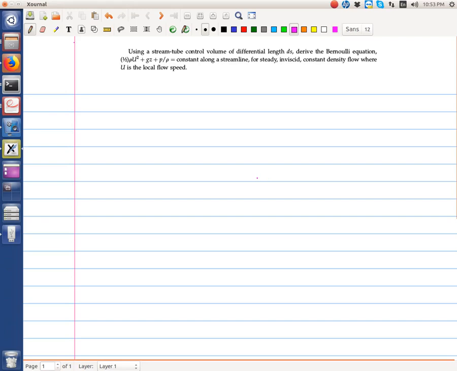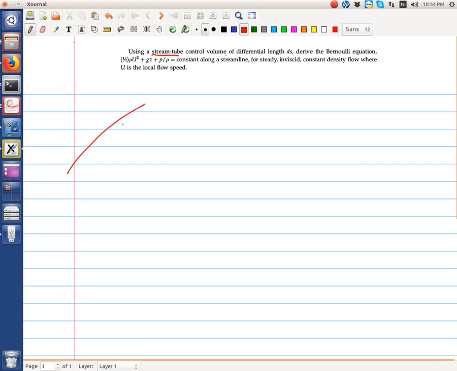Okay, let's do this example from Kundu and Cohen where we must do a mass and momentum balance for a control volume of length ds, and it is given that the control volume is a stream tube. So a stream tube consists of many streamlines.